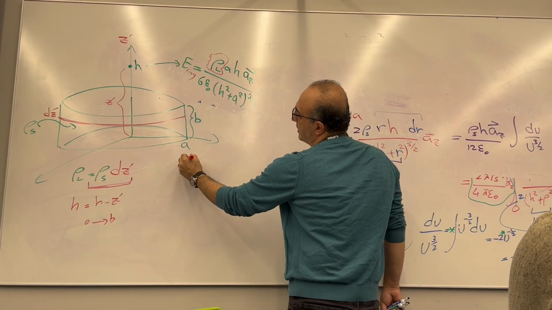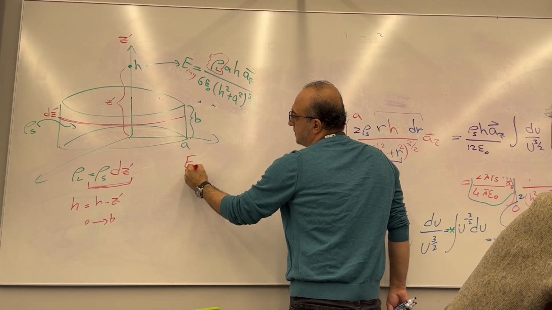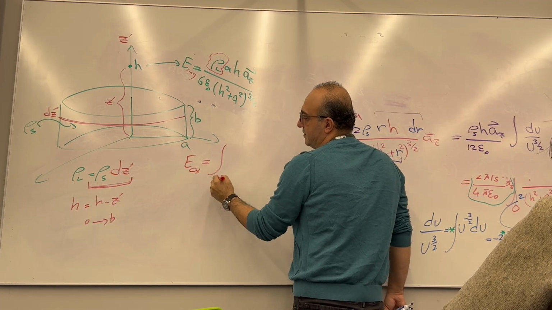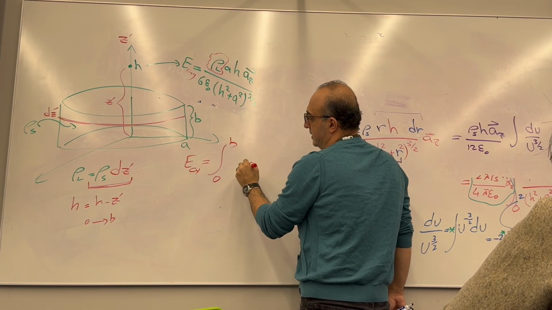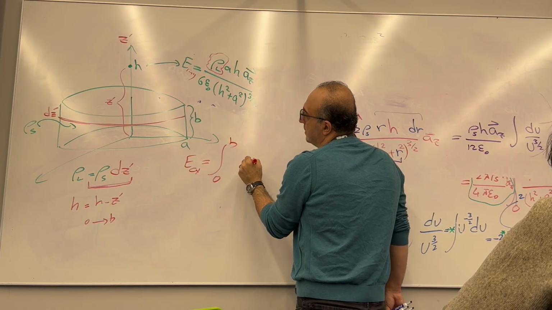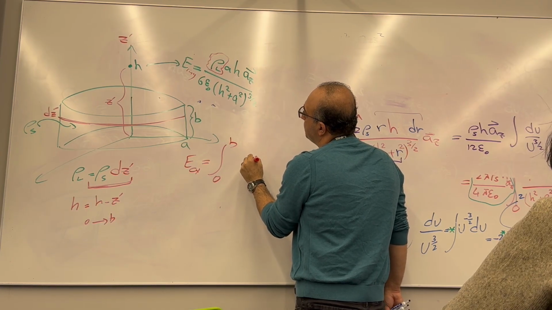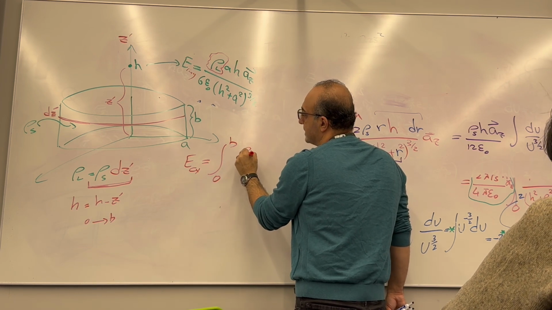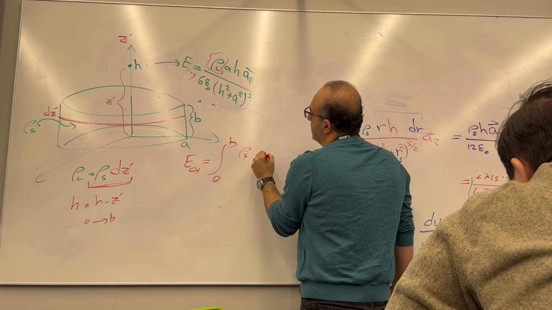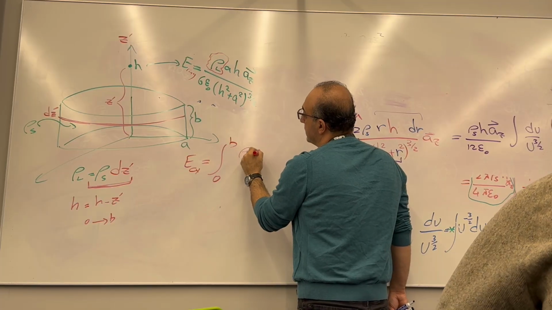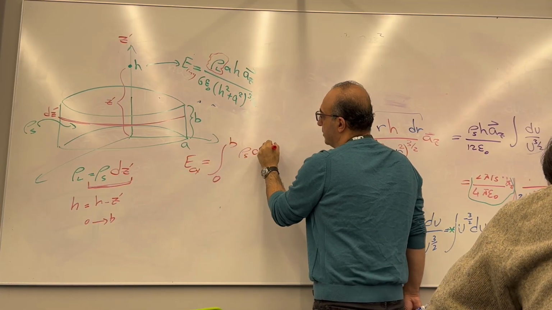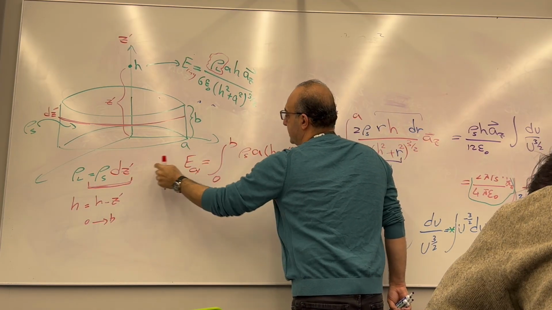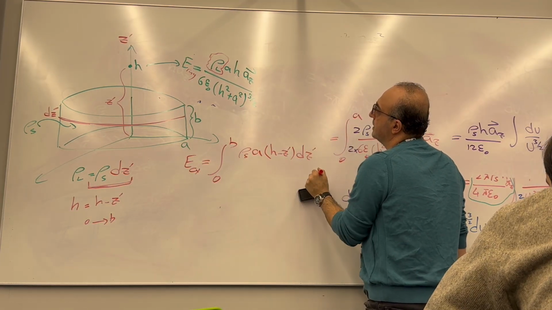Now my integral of the cylinder equals, z from 0 to b, and instead of rho L, I put rho S, and A is going to be A because it's not changed, but for H, I put H minus Z prime. dz is coming from here, rho S dz prime.